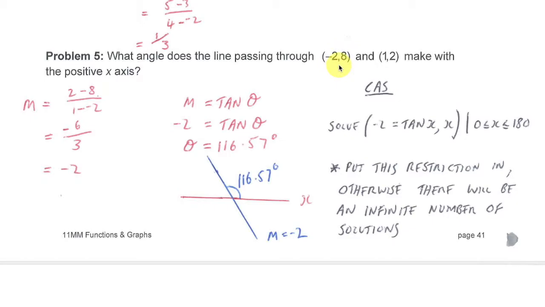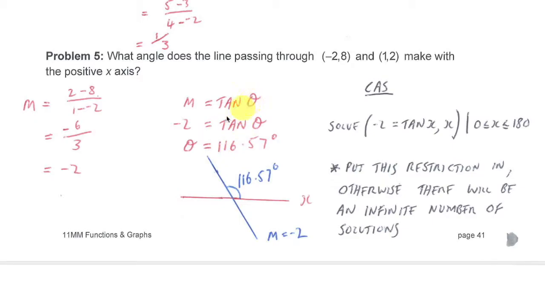Well, firstly, we know that we can calculate the gradient from these 2 points: y2 take y1 over x2 take x1, and we get a gradient of -2. Here's our major rule. The gradient is equal to tan theta, where theta is the angle that the line makes with the positive part of the x-axis.